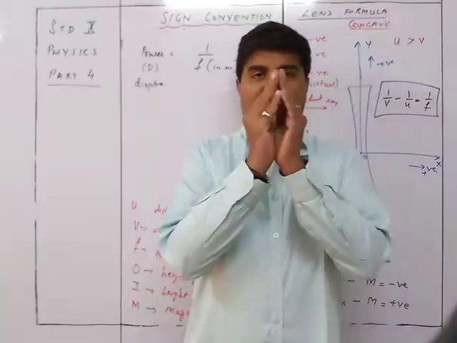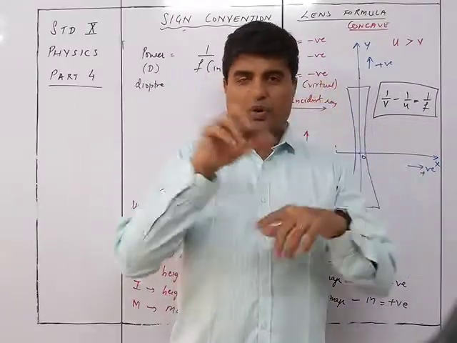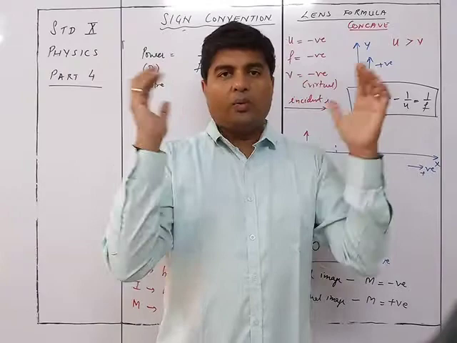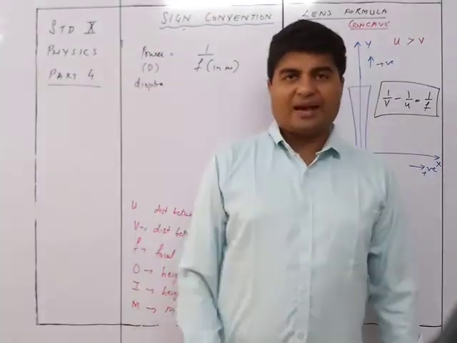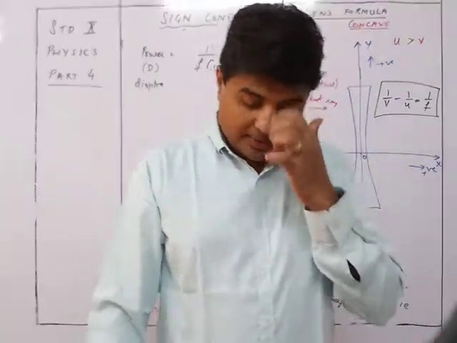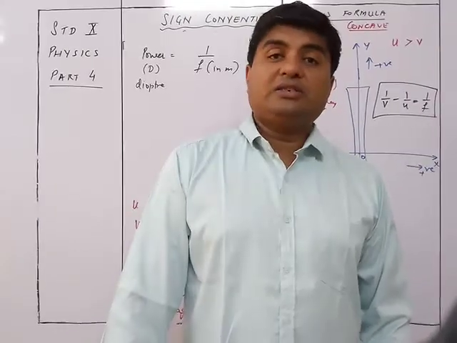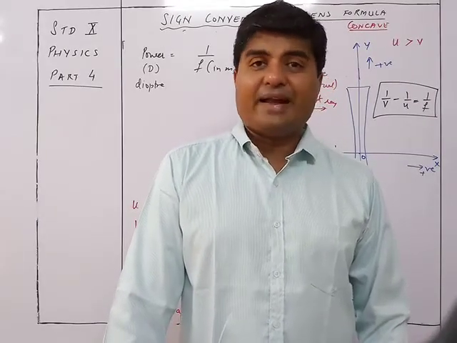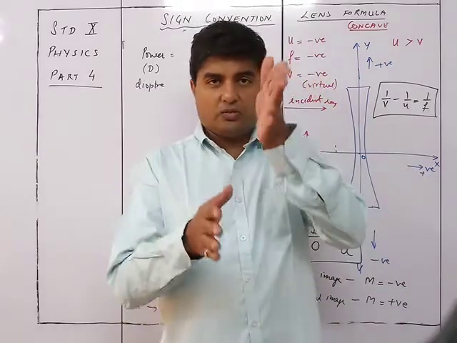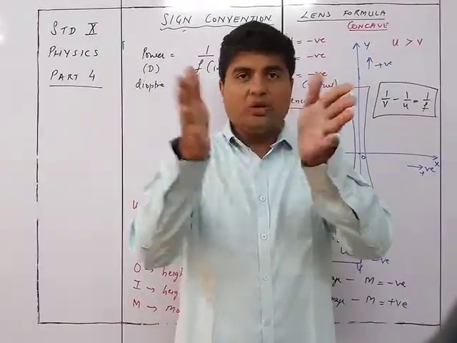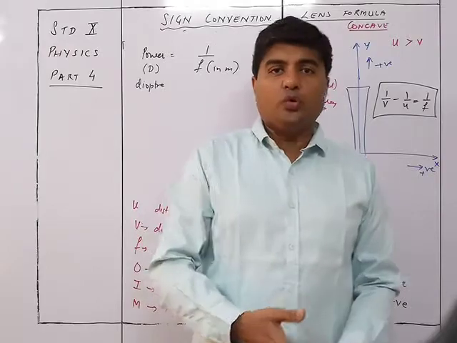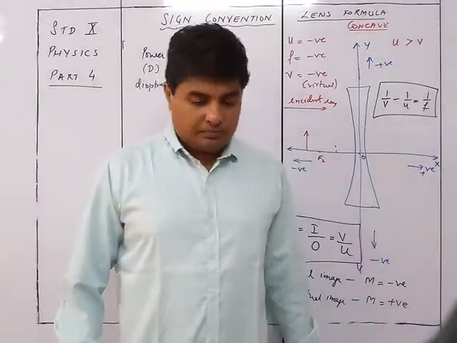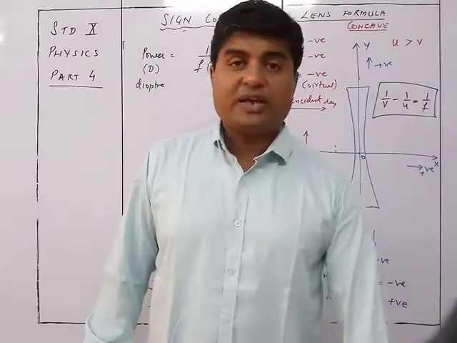So when you mix them together, it becomes just like a glass slab. The powers of the lenses always add up. If I have two lenses, one of 1 and another of 1 also, then I have something of 2 diopter. So that was about the basic things of the chapter.